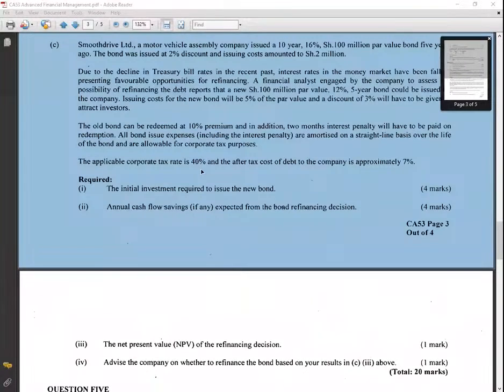So I'll have to take this and multiply it with 2 over 12. Listen here. We are told in addition, there are 2 months interest penalty, which will have to be paid on redemption. So you could either call this a penalty or an overlapping interest.